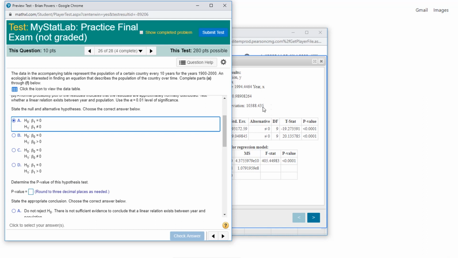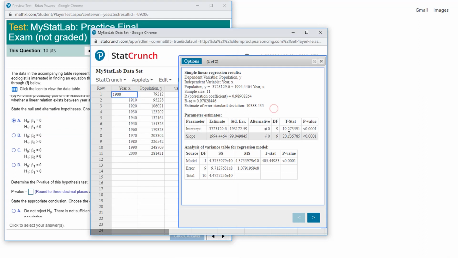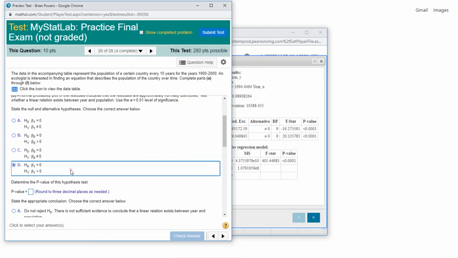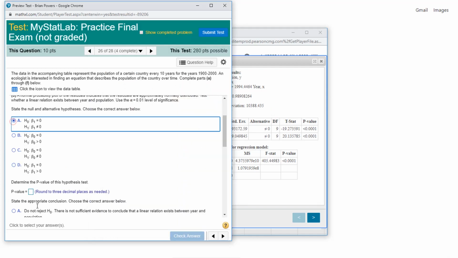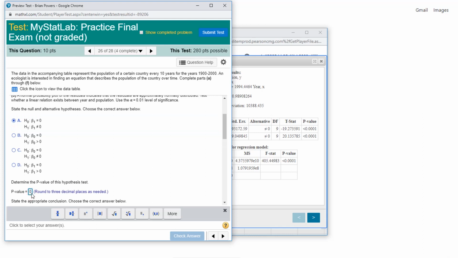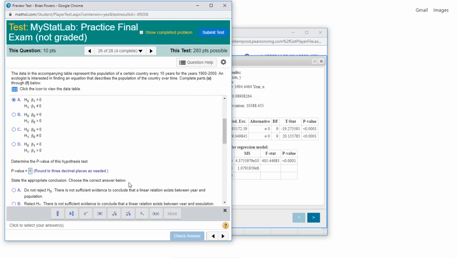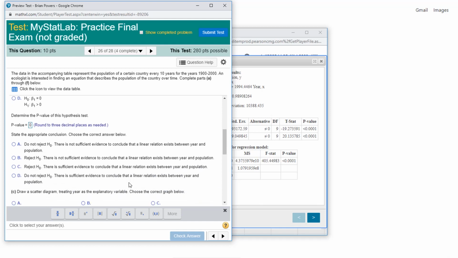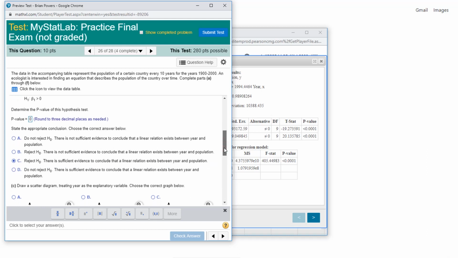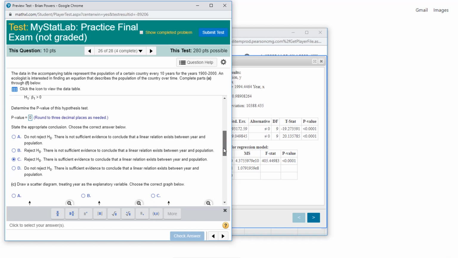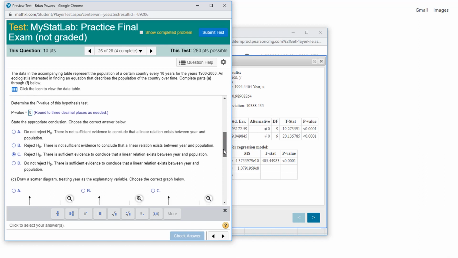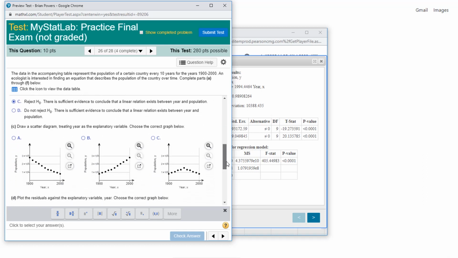The p-value is given in the table, and rounded to 3 places, because it's less than 0.0001, it rounds to 0. The p-value isn't exactly 0, but it rounds to 0. The appropriate conclusion is to reject the null hypothesis, and there is sufficient evidence to conclude a linear relation exists, because the evidence is in favor of the alternative.